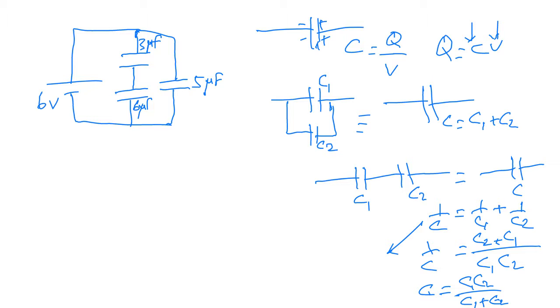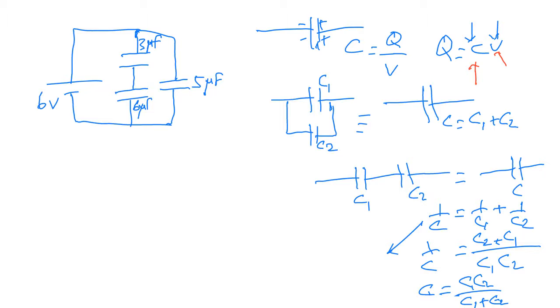Let's come back to this problem and see how we deal with it. The first thing is to look at the circuit and figure out the voltage. For any capacitor, if we know the capacitance and the voltage, we can find the charge. Let's concentrate on the 5 microfarad capacitor.